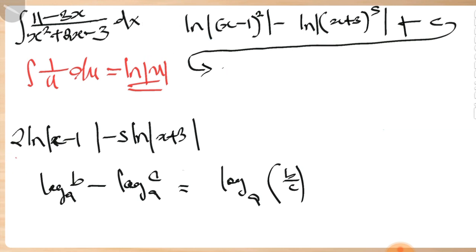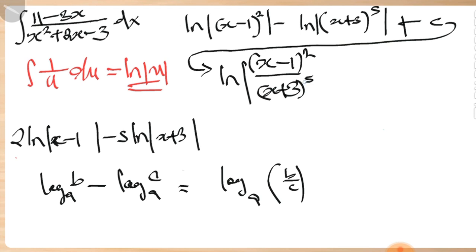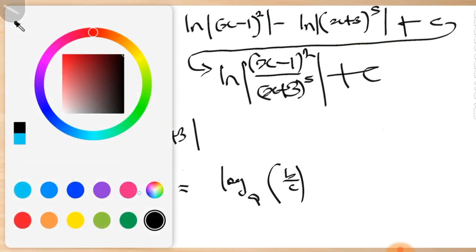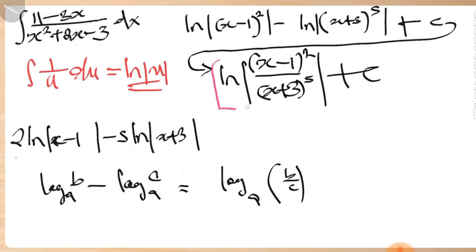We have the logarithm to the base e, with the absolute value of course, of this divided by this: x minus 1 squared over x plus 3 raised to the power 5. Then we now have plus c, and that is the solution to this integral.